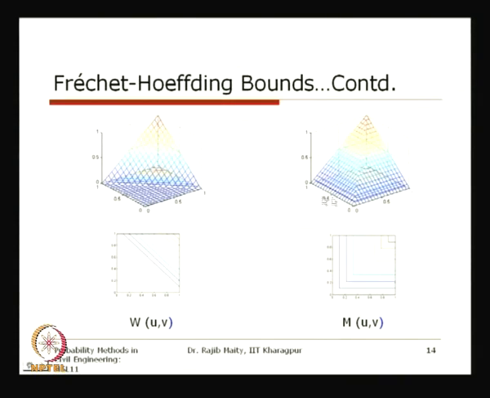This is the lower bound, and similarly we can see the upper bound, which is the minimum of u and v. If we take any values, say one is 0.5 and the other is 0, the minimum of these two is 0.